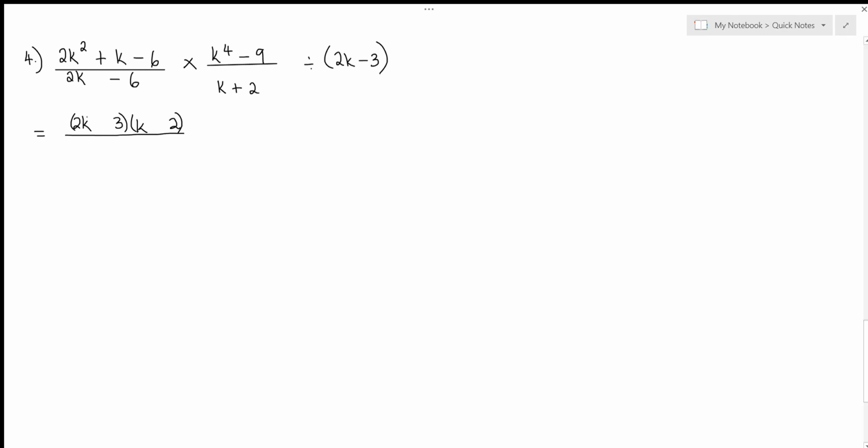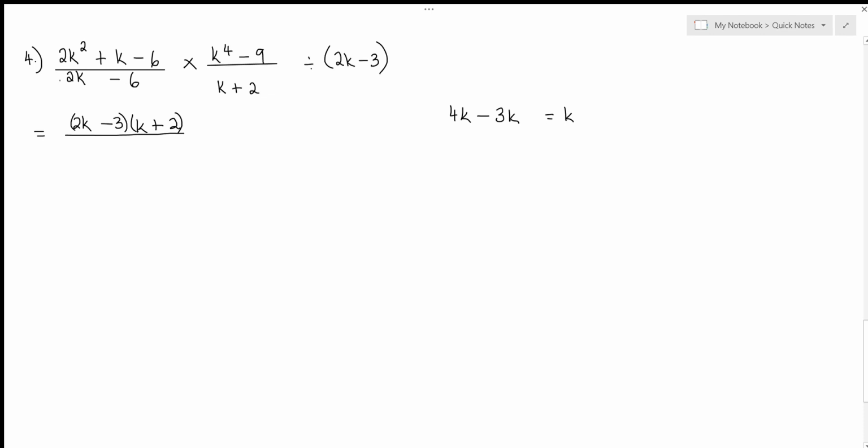Okay, so 2k times 2 would give me 4k, and 3 times k would give me 3k. And I want to end up with 1k. So therefore, the smaller number will have the negative and the bigger number will have the positive. So 2k times 2 would give me 4k, so therefore plus and minus.